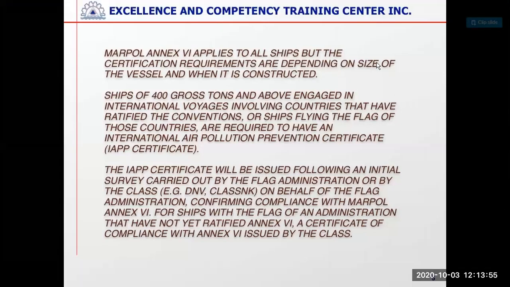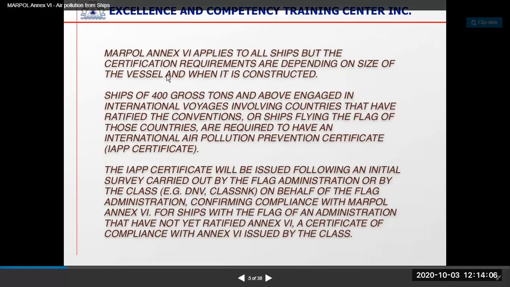Now let's see about the application. MARPOL Annex 6 applies to all ships, and there is a certificate also, EIAPP, for emission control, that we will see. Certification requirements depend on the size of the vessel, but control is applied for all ships.